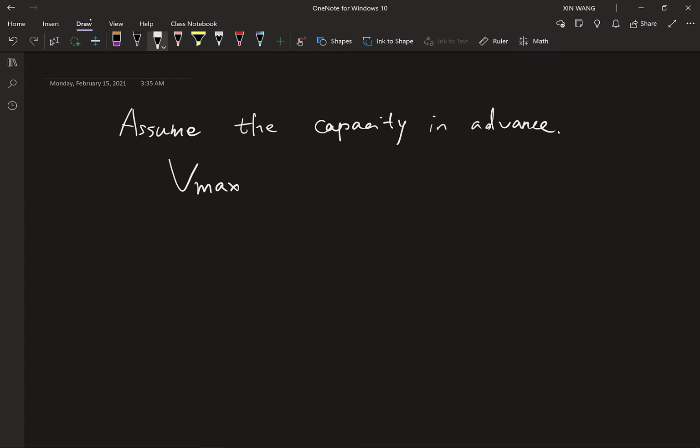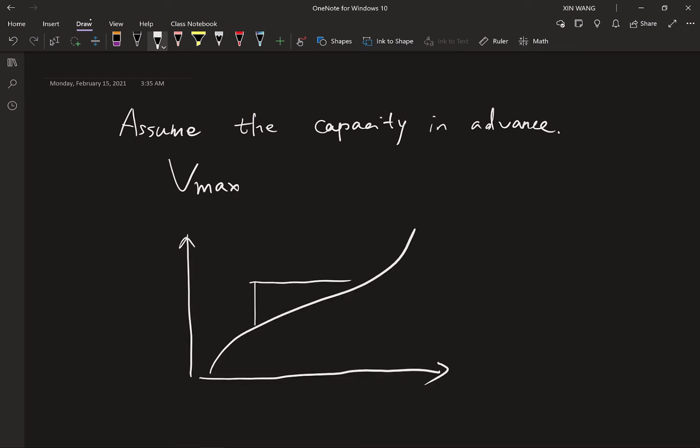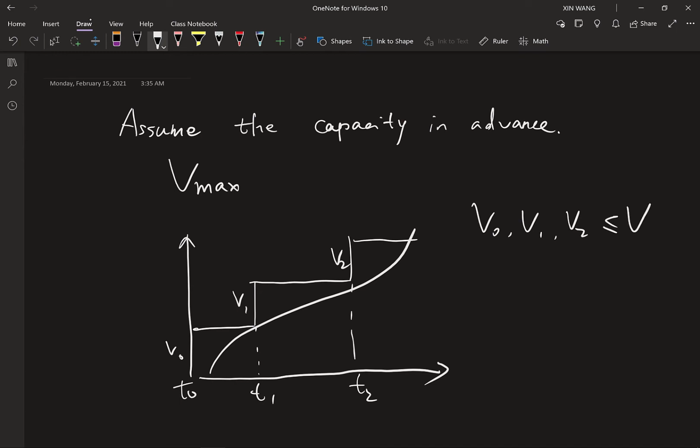For each possible Vmax, we can solve a certain decomposable problem. Let's see why. If we assume a Vmax, then whenever we try to solve the problem, for all the loads at T0, T1, T2, which are V0, V1, V2, we guarantee that they are smaller than or equal to Vmax.